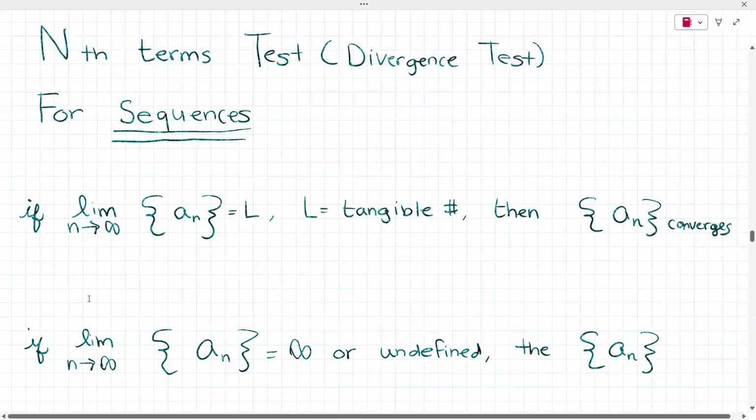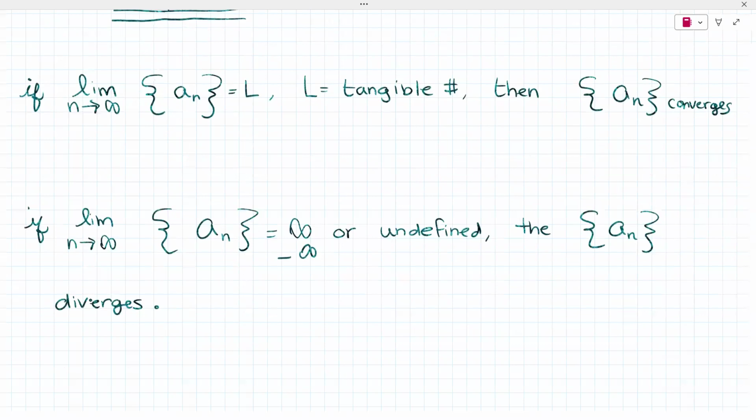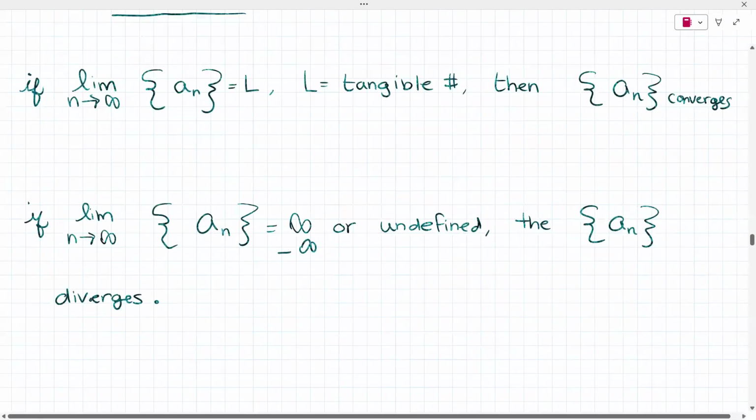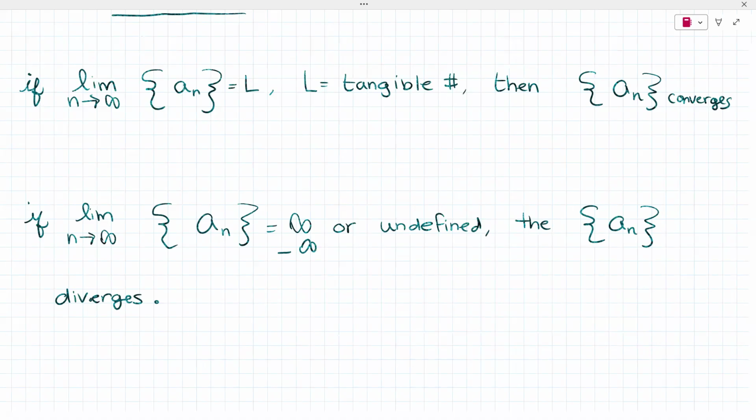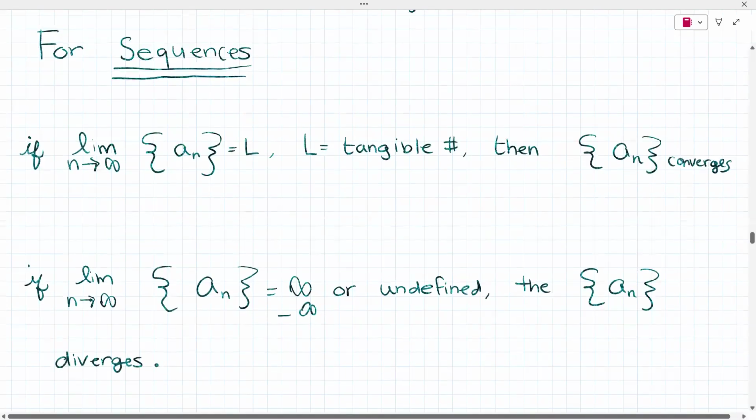And if the limit as n approaches positive infinity of a of n equals infinity, negative infinity, or is undefined, then it diverges. If the limit actually becomes an actual value, it converges.